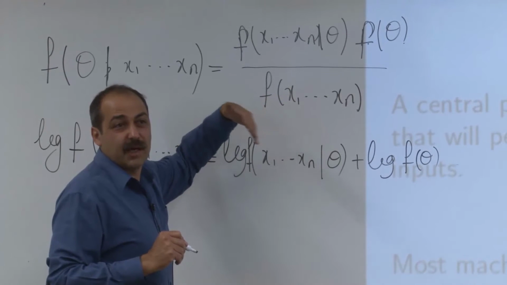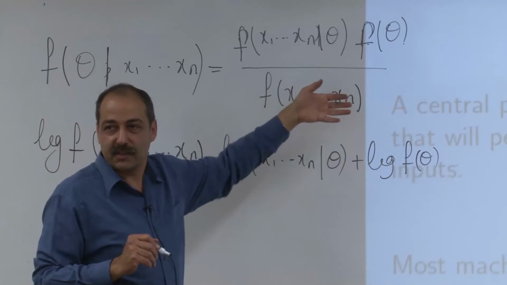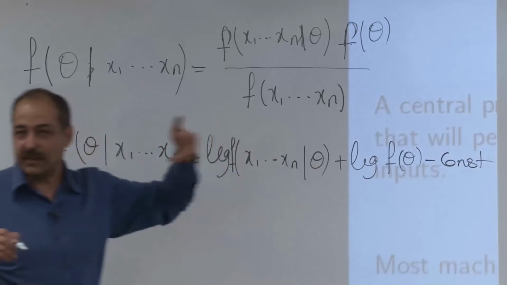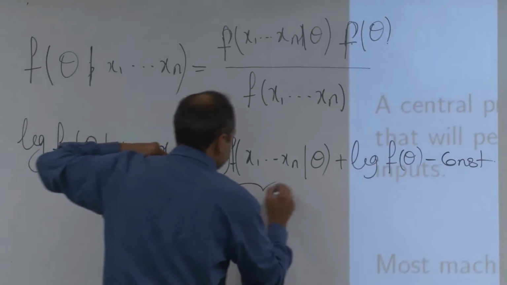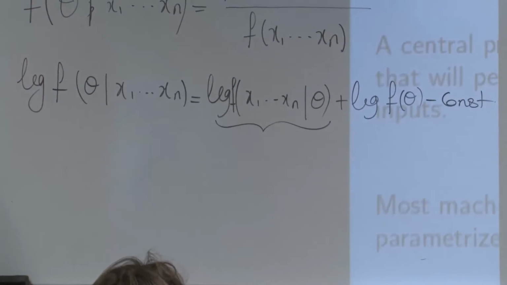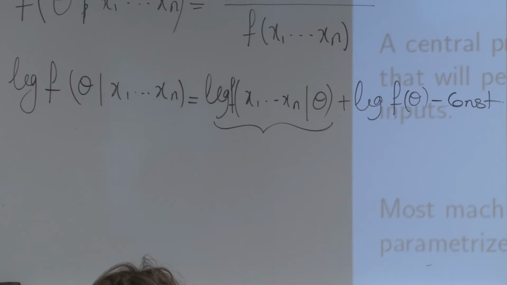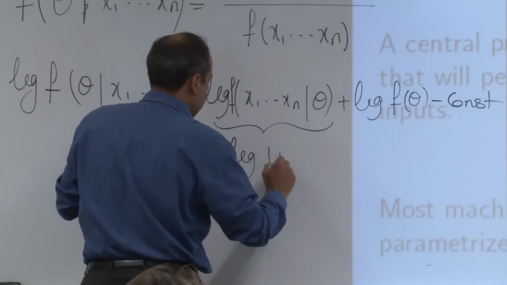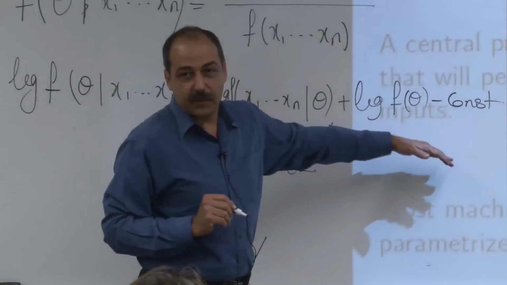But with respect to the theta parameter, this marginal is a constant, so it has no effect on the optimization when I want to optimize for theta. What is this term? Data given parameter. It's the likelihood, right? Actually, it's the log likelihood. And this is the log of my prior.